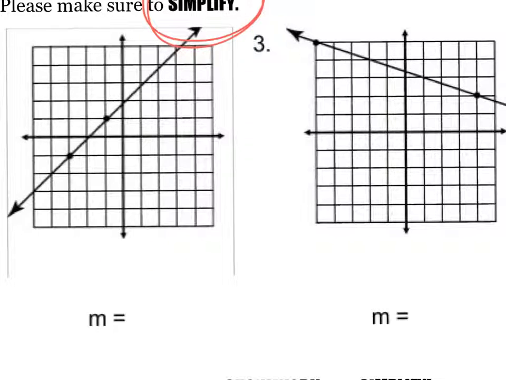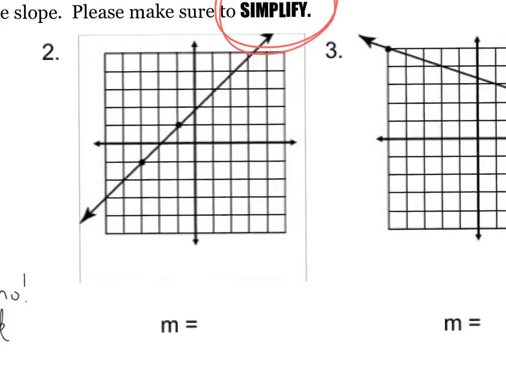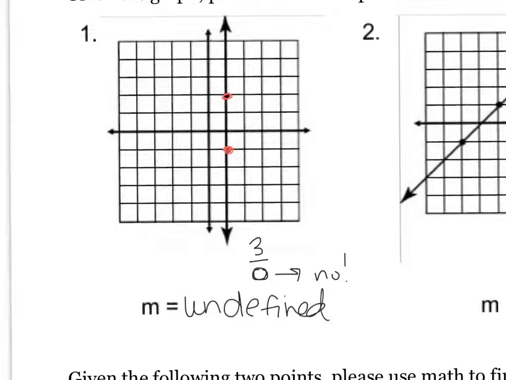So we are missing a slope that is 0. So here is what a slope that is 0 will look like, because this might show up on your quiz tomorrow. A horizontal line means that your slope is 0.